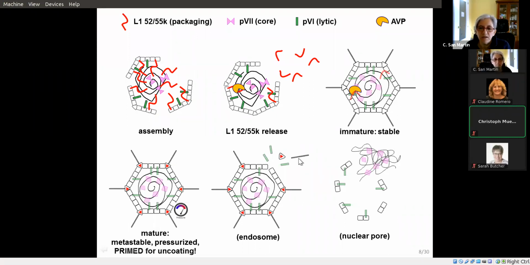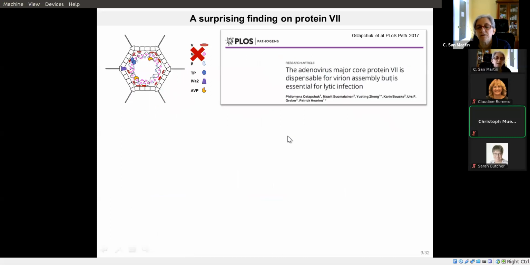So we had this model, and we were very happy with it and very proud of ourselves. But surprisingly, a few years ago, Patrick Hearing at Stony Brook University showed that you do not need the most abundant core protein to package the genome inside an adenovirus particle. So it seems that this DNA condensation activity of protein 7 is not required for packaging.